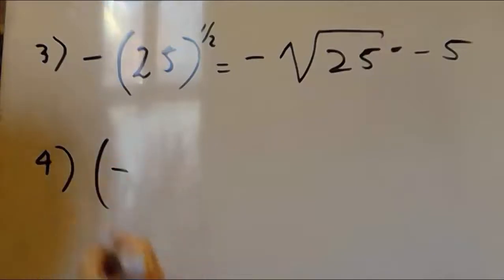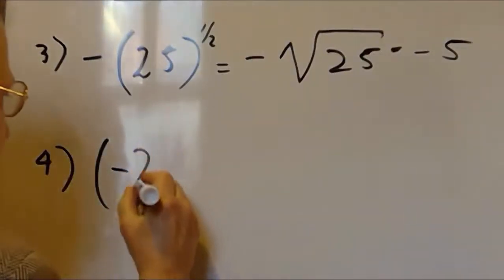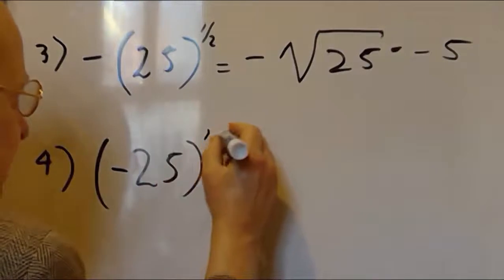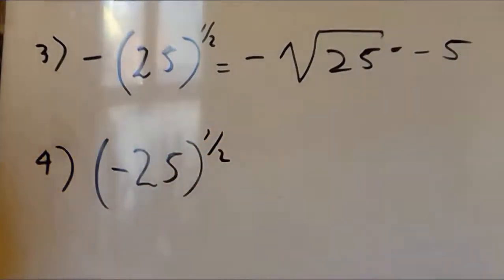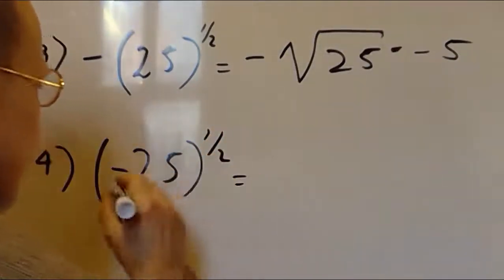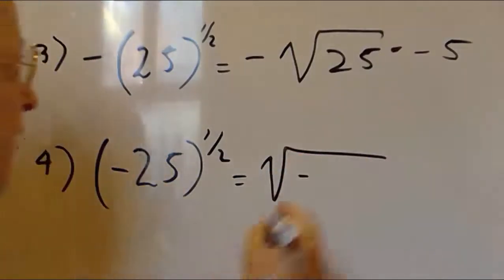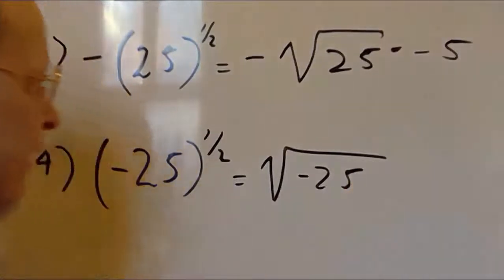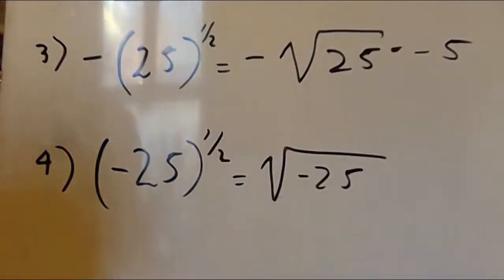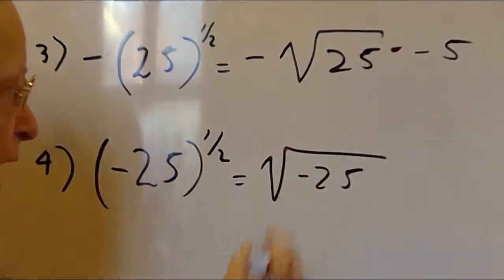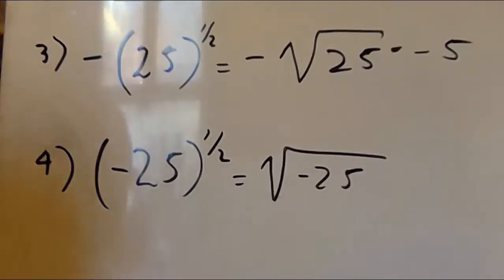If we have a situation where the negative is inside the bracket, we must be very, very careful. This means that the negative sign is also inside the root sign. As we discussed earlier, if we have a negative inside the square root sign or any even power root, that is imaginary, or it is not real.